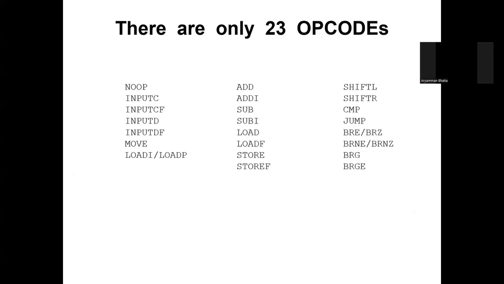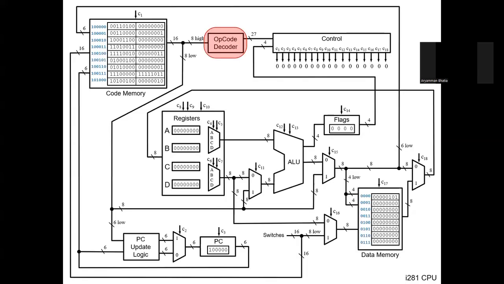So this brings us to 23 operation codes, which the opcode detector detects. And whichever operation code it detects based on the inputs, so the first 8 bits are to detect the operation code. And you may be wondering why 8 bits. If there are 23 instructions, you can do it with 5 bits. We'll get into that.